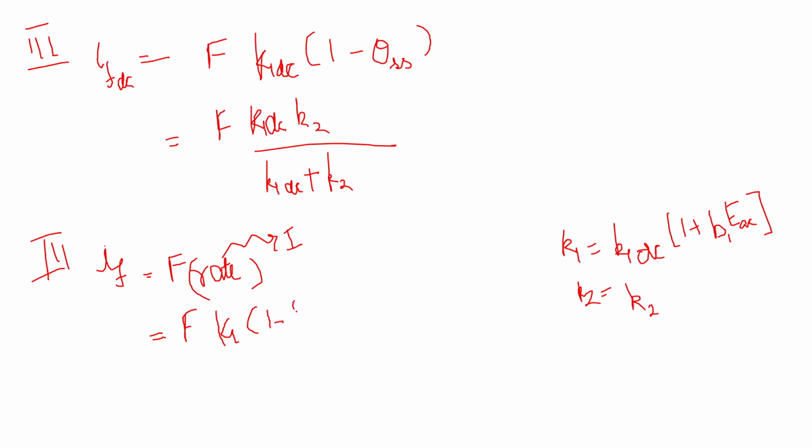So for this reaction, because AC and DC current are there, we can write K1 in terms of K1 DC into 1 plus V1 EAC into 1 minus theta.